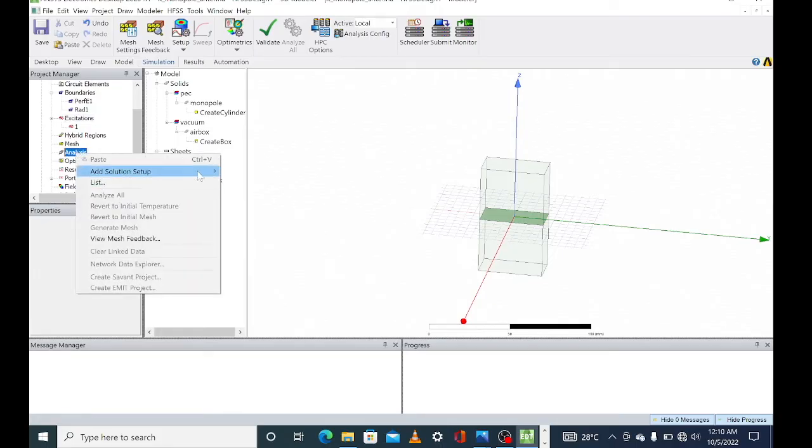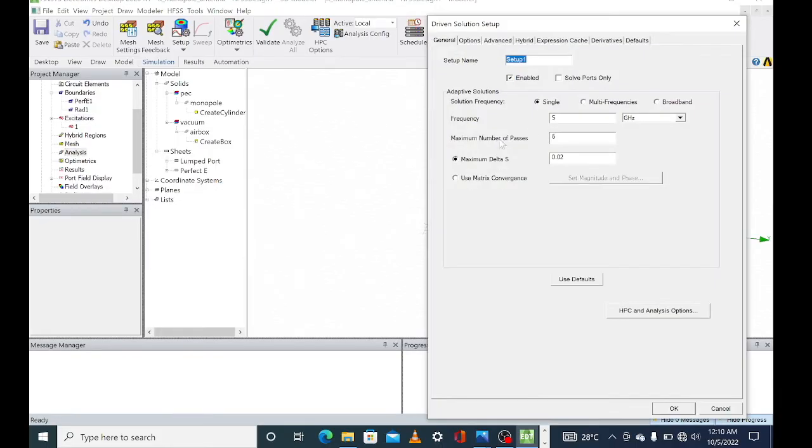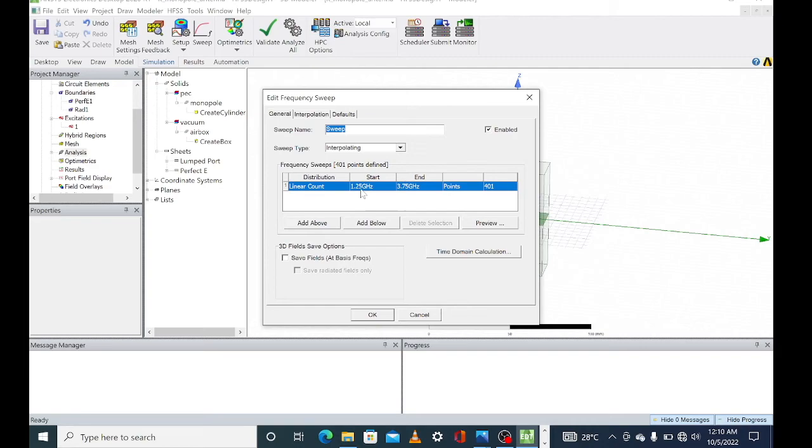Go to analysis, add solution setup, advanced. Now isolated frequency 2.5. Number of passes to be 10. Okay. Start that.